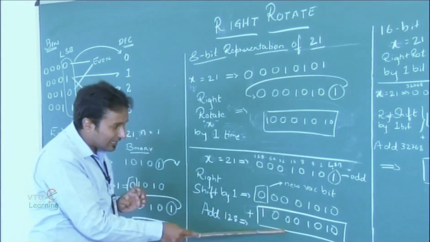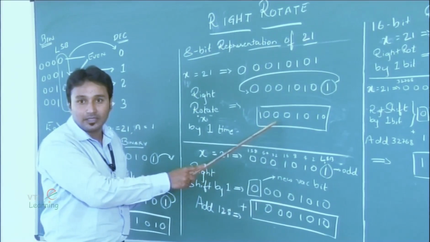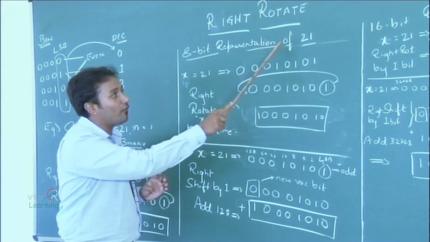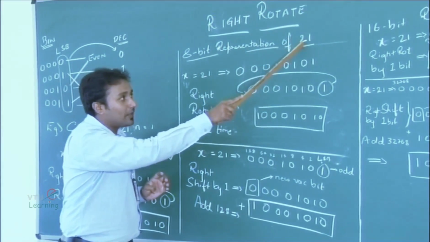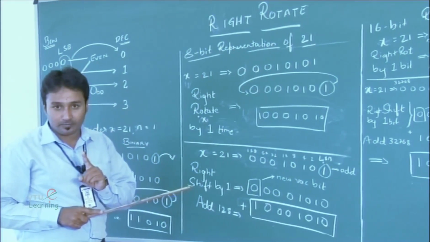We can clearly see that both the numbers are one and the same. This is all about the 8-bit representation of the number 21, which is right rotated one time.